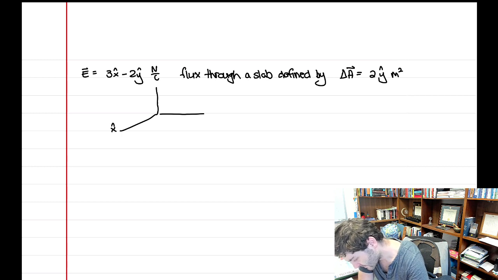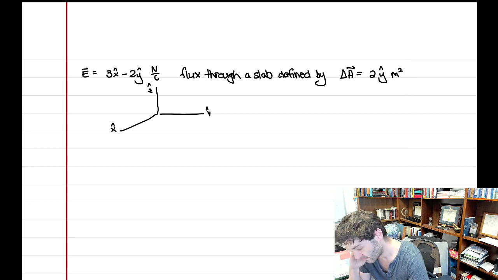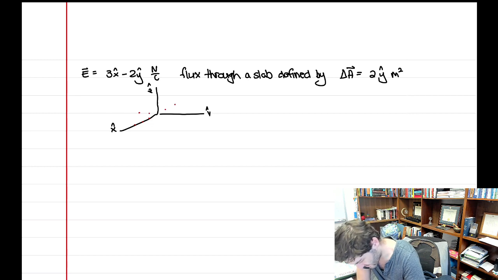x, y, z, the electric field looks like it points 3 in the x direction and negative 2 in the y direction. So it kind of looks like the electric field points in that direction everywhere.